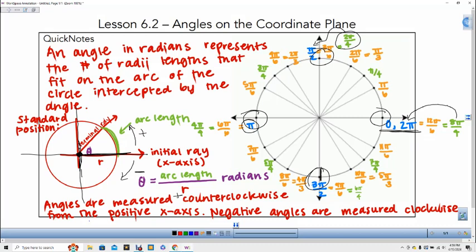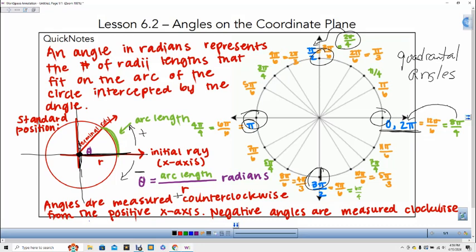These are called quadrantal angles. They are called quadrantal angles, and that's where the unit circle is hitting the axes, the X, the Y, positive and negative.